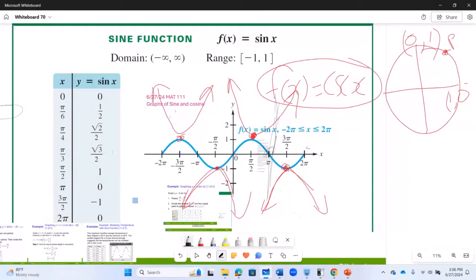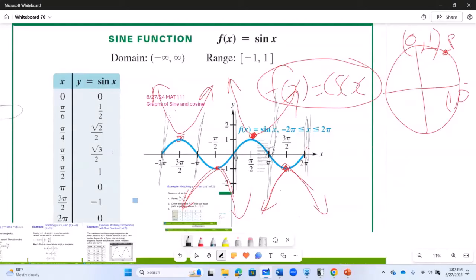All the places where sine is 0, there is a vertical asymptote. There's a vertical asymptote at x equals 0, because sine 0 is 0. At negative 180, that's a vertical asymptote. At negative 360, negative 2 pi.